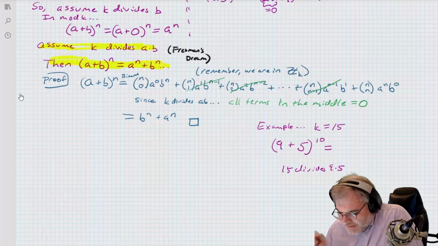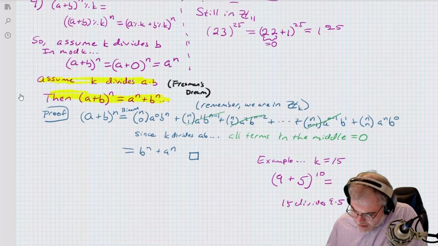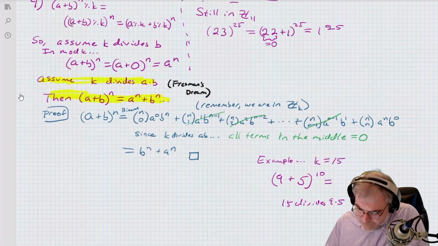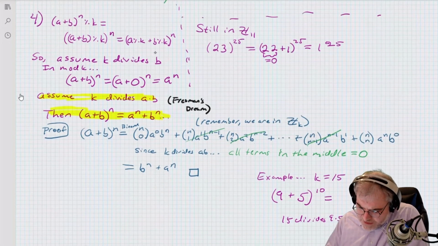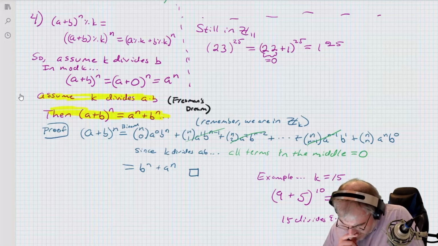K doesn't have to be not prime, okay? We only care about it if K is prime, which means that either B or A divides.